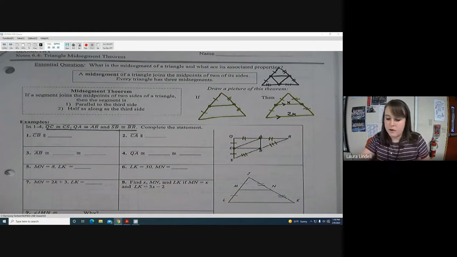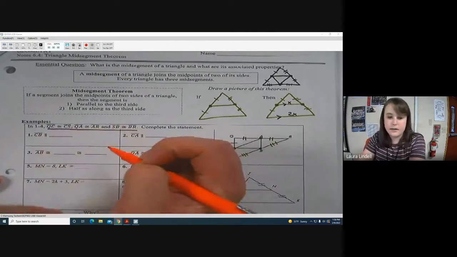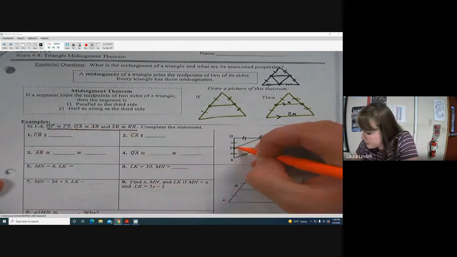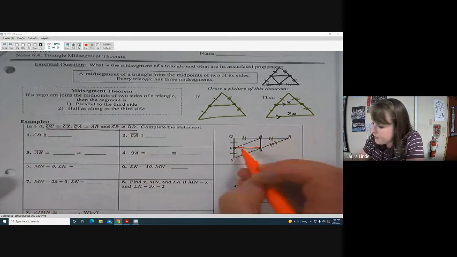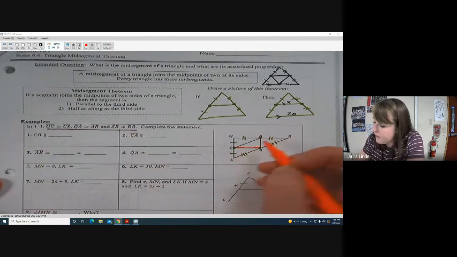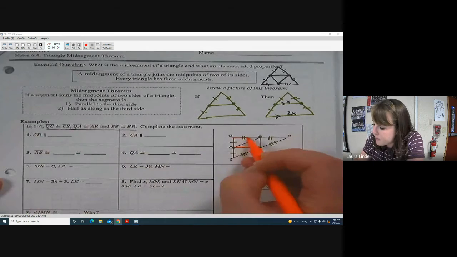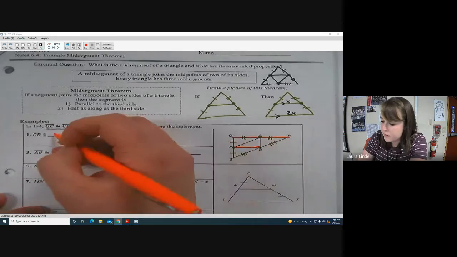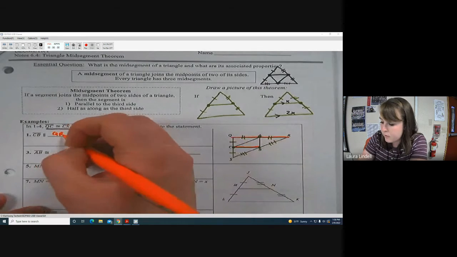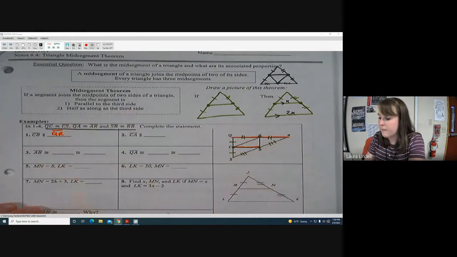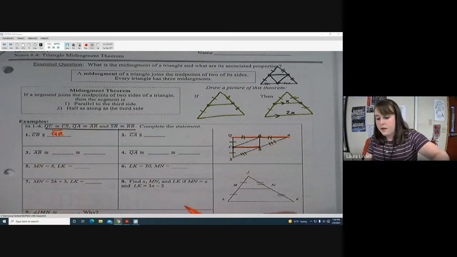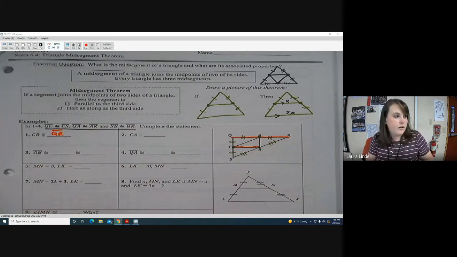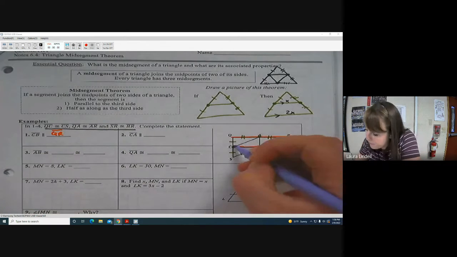So from there, we can complete statements like CB is parallel to what? Well, if we look at CB, this is the midsegment. The opposite side to CB would be QR. So that's the one that it's parallel to. So we can say CB is parallel to QR. So again, we could do something similar with CA.